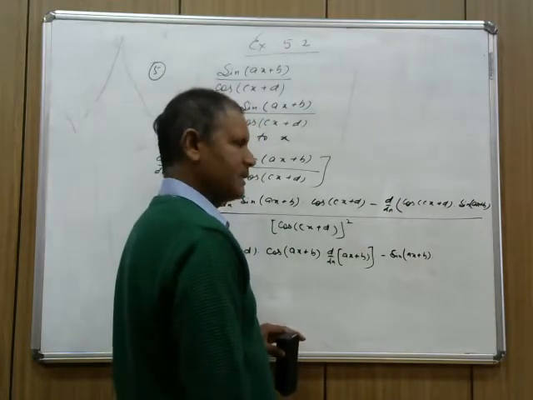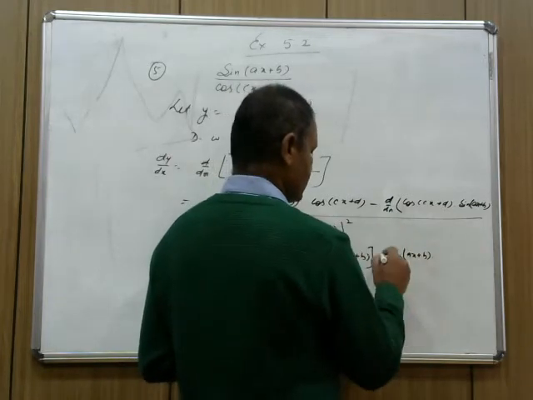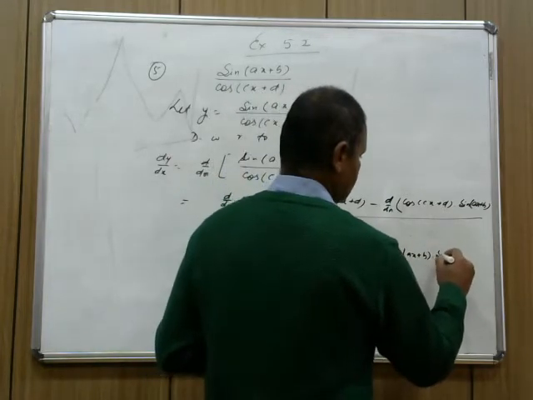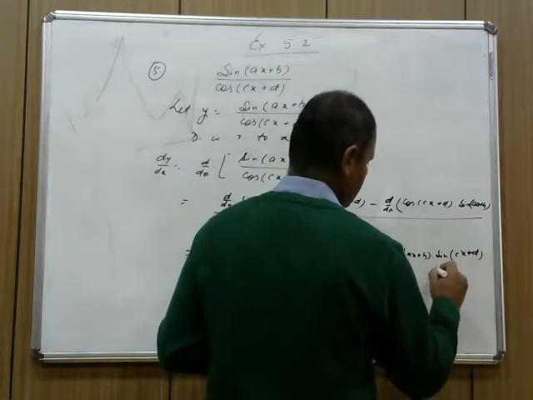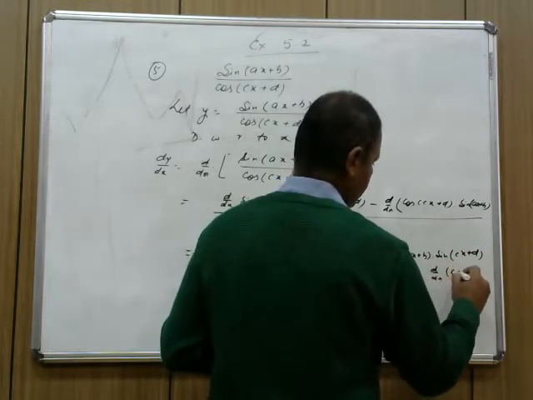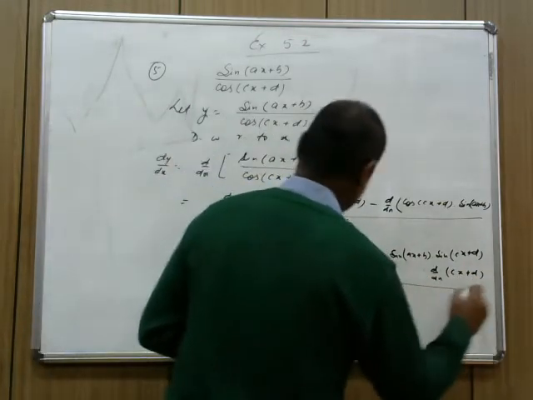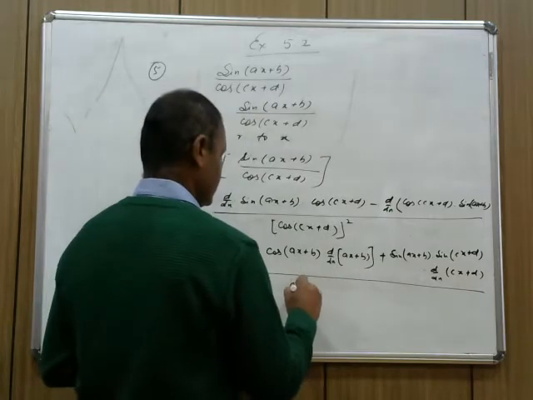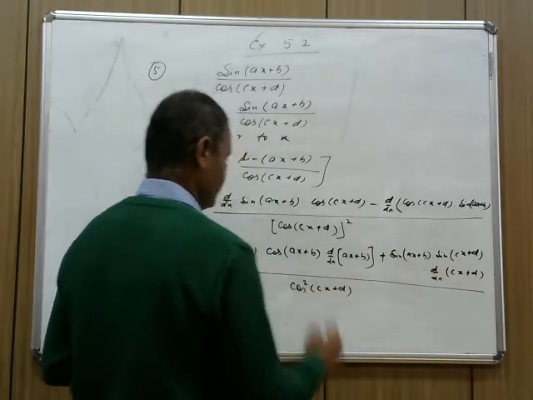Differentiation of cos x is minus sin, so sin(cx + d) into differentiation of cx + d, whole divided by cos square (cx + d).